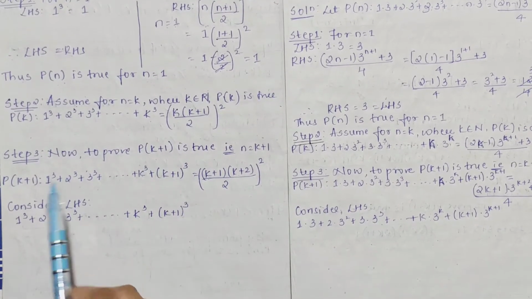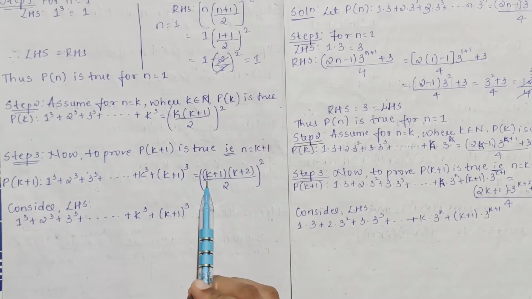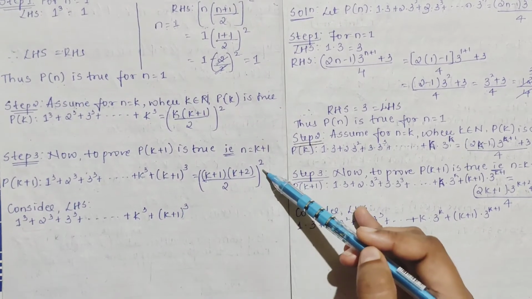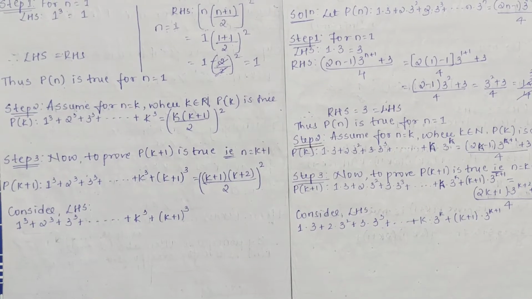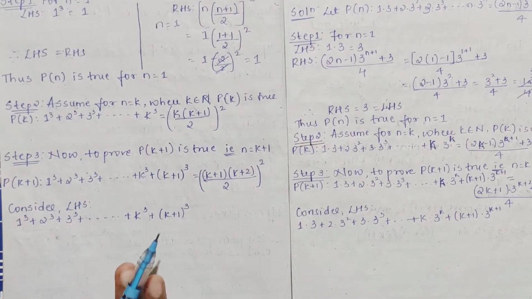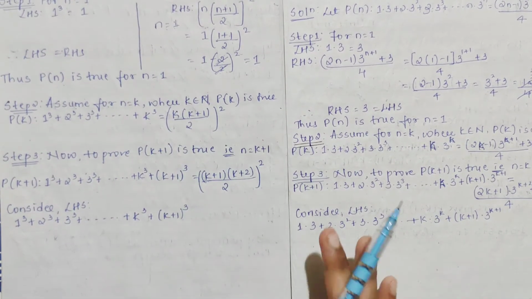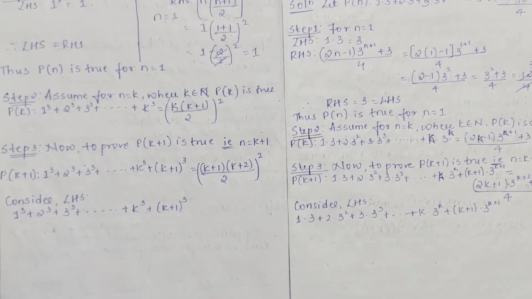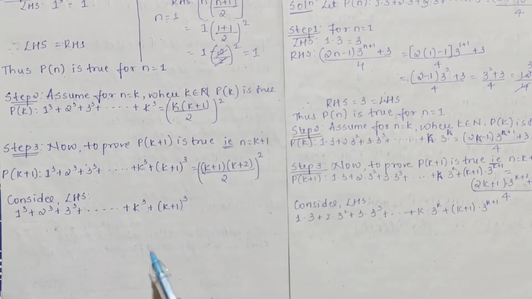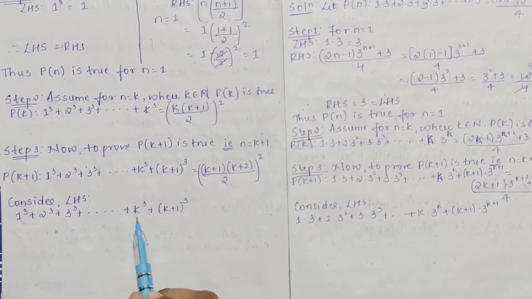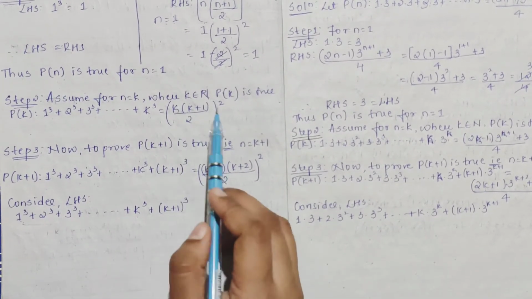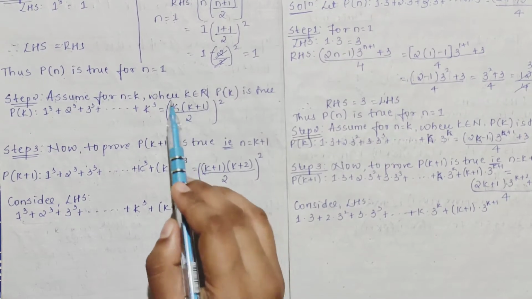Now obviously you have to consider your LHS, and from that you have to prove your RHS part. I have taken my LHS, and after coming here we obviously take help of our step 2. You already know this: whenever we are proving step 3, we have to take help of step 2. So from 1 cube up to k cube, from step 2, what is it? k of k plus 1 divided by 2, the whole square.